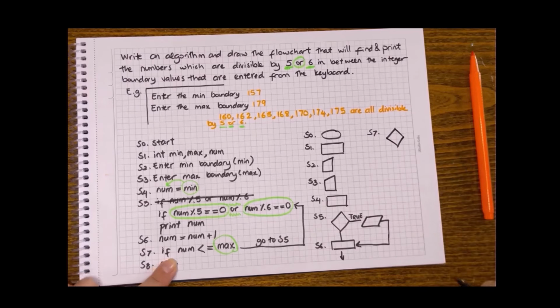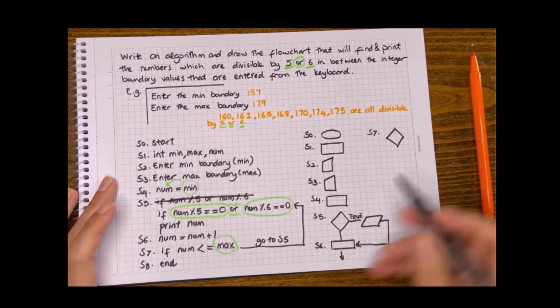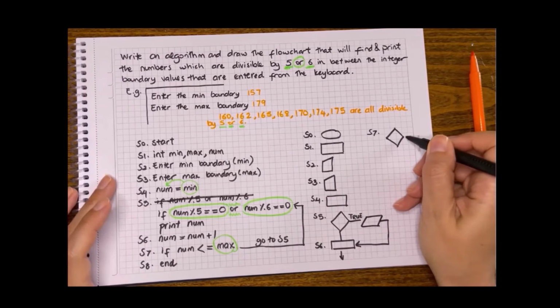Okay, this one says that if the number is less or equal to the maximum, there is a loop in here, which will be repeated again and again until this statement is true. So what we are going to do in this case, number less or equal to maximum.